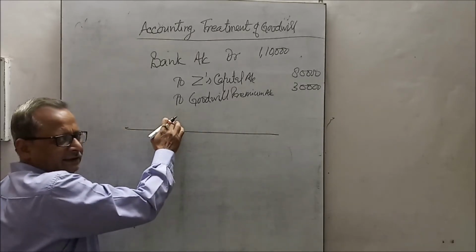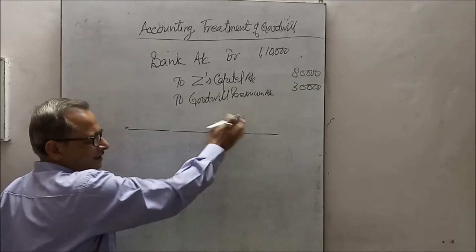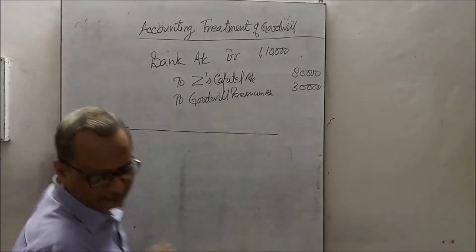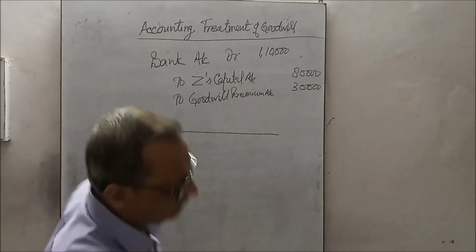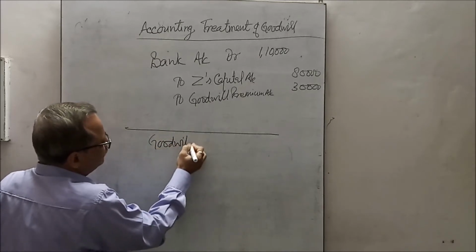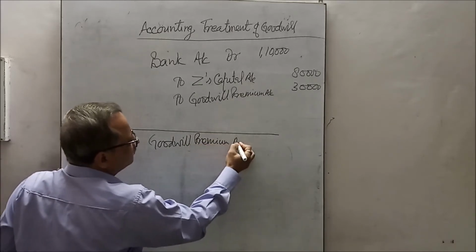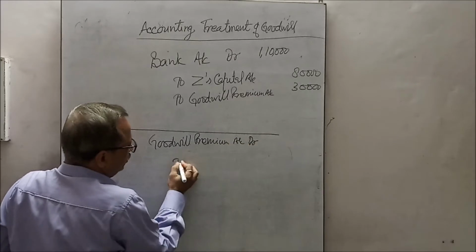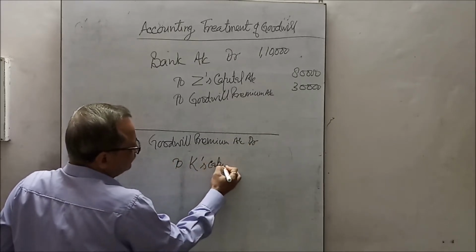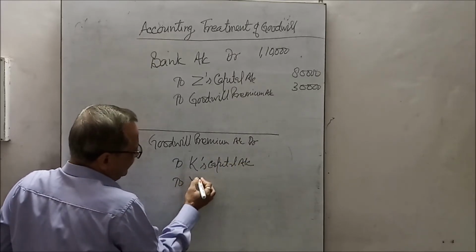Being capital and goodwill premium brought in by Z. And the second entry we will pass: goodwill premium account debit to K's capital account and to Y's capital account.